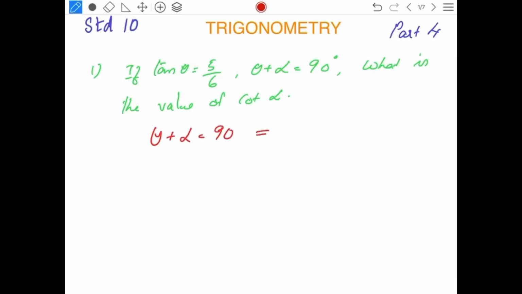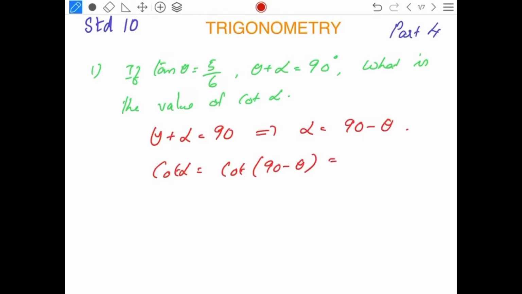So alpha is equal to 90 minus theta. Now cot alpha is equal to cot of 90 minus theta. We'll make here alpha equal to 90 minus theta.